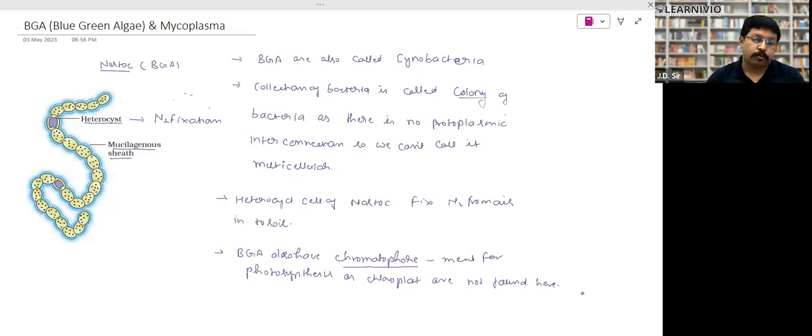And what is the function of chromatophore? Chromatophores are meant for photosynthesis. Is that clear? Tell me, is it clear? Yes, sir. Very good. Note down all these points. Tell me when you have noted them down. Chromatophore is very important.